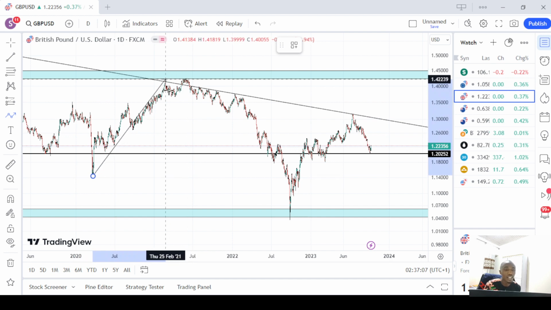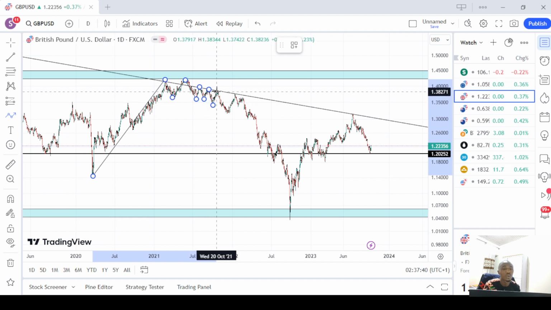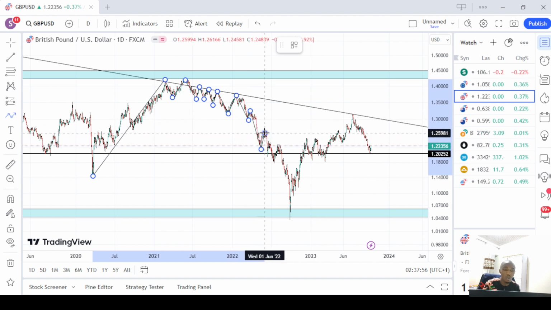It came to the zone, then gave a higher low, then it gave equal highs with this, then equal lows with this, then a lower high, equal lows, lower high, then a lower low, lower high, a lower low, lower high, a lower low, lower high, lower lows.